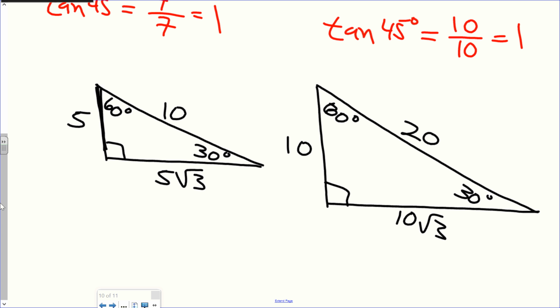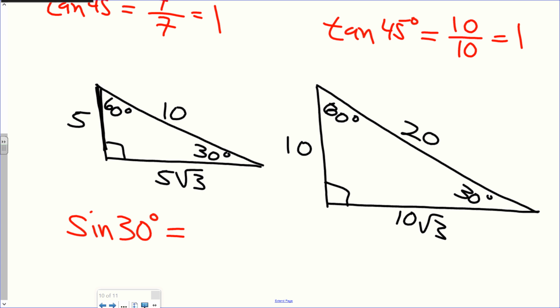Here we go. Let's go ahead and write sine. Sine of 30 degrees. Do that with me. The sine of 30 degrees is opposite over hypotenuse.